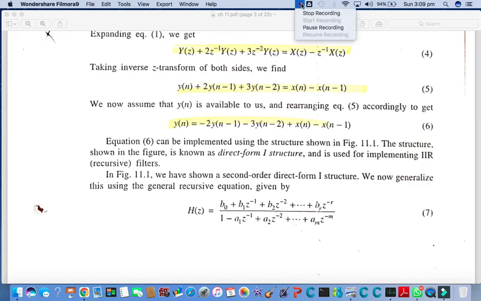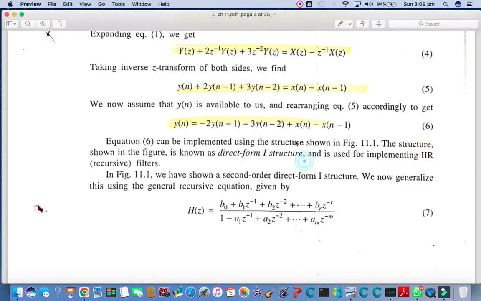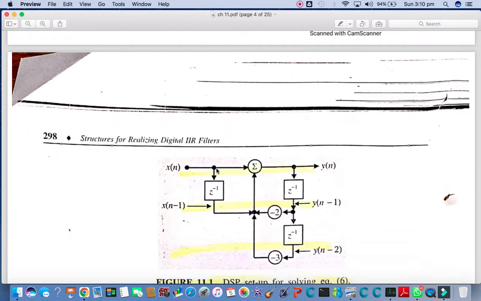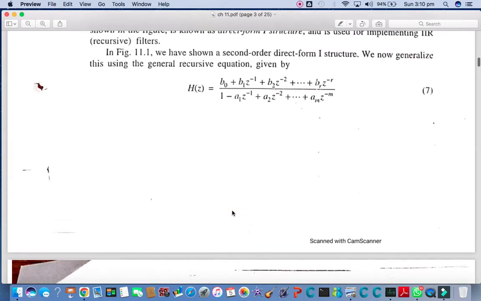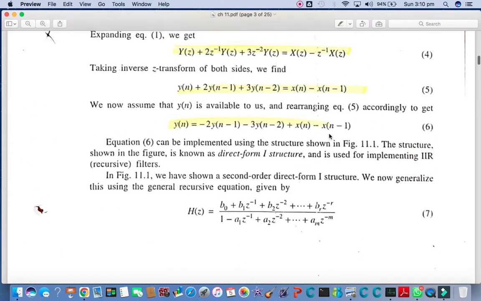For all these values we will be using delay elements. To get the value of x(n-1), we will have a delay element here. It will give us x(n-1).